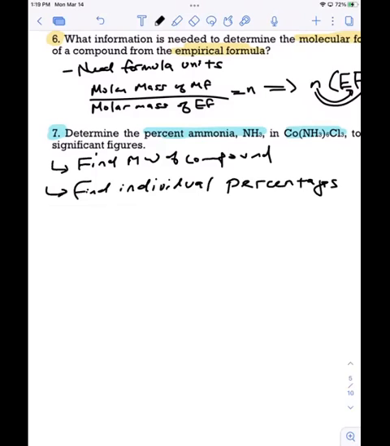So the molecular weight is going to be, we've got cobalt. It asks for ammonia, so we're going to leave that intact because we can figure out the molar mass of one molecule of ammonia. And then we have actually 6 ammonias. And then we have 3 chlorines.